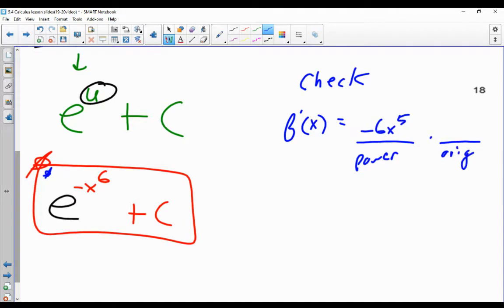The original is e to the negative x to the 6, which of course just gets you this: negative 6x to the 5th times e to the power of negative x to the 6. Now, does this match what we started with at the very beginning?